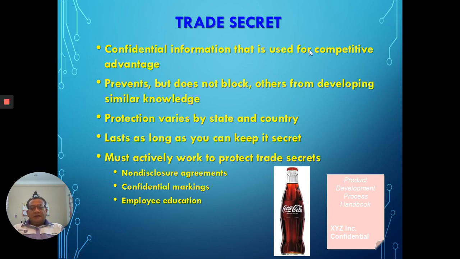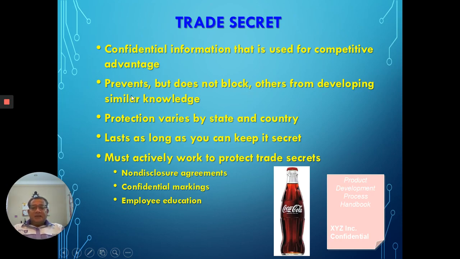The company creates the recipe and the formulation so that they can avoid direct competition by any copycat company. So trade secret actually prevents, but does not totally block, others from developing a similar product.